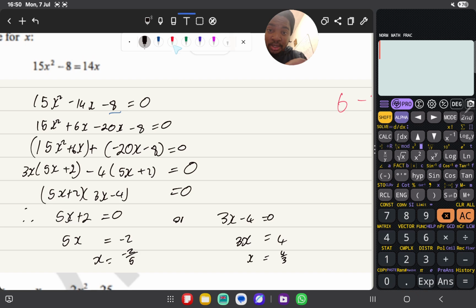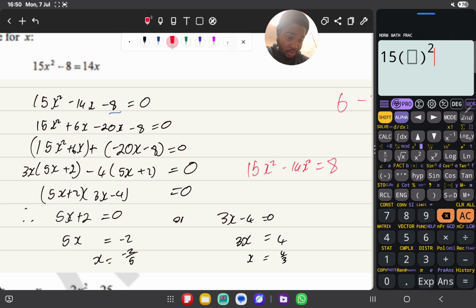Let me test it in this way: I have 15x squared minus 14x, and I want them to give me 8. So let's start with 4 over 3, and we are getting 8.